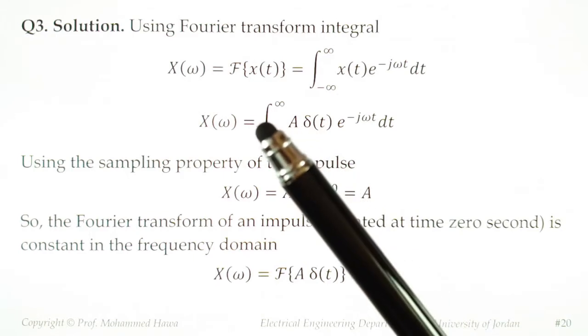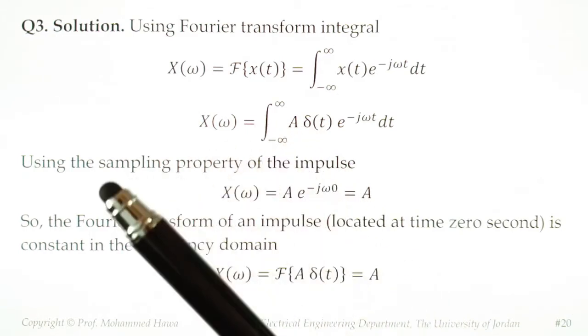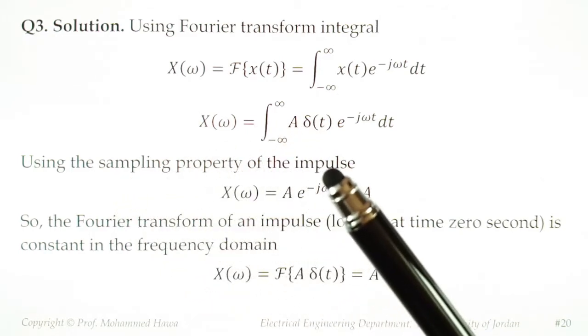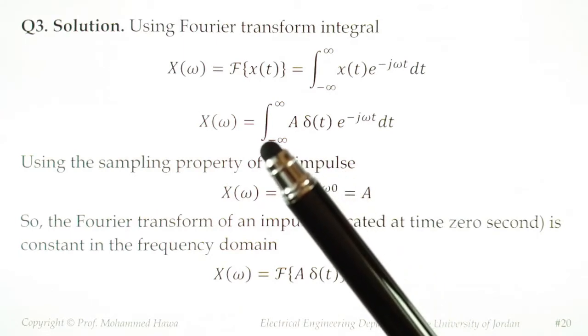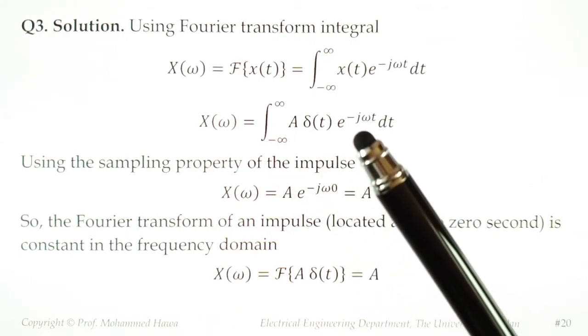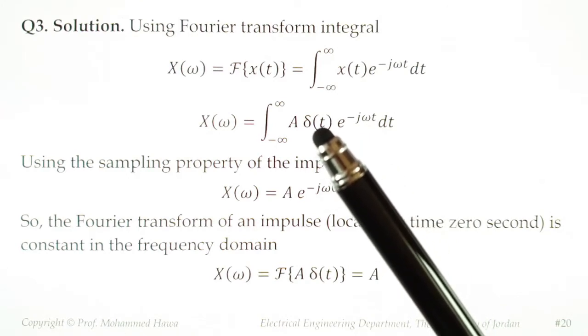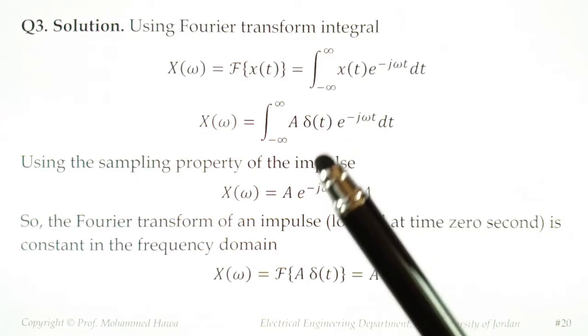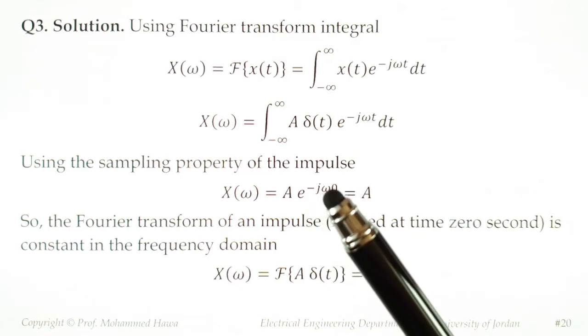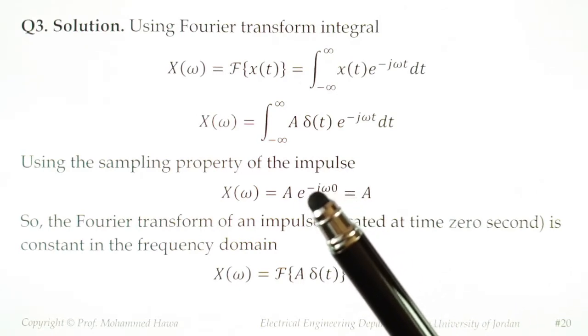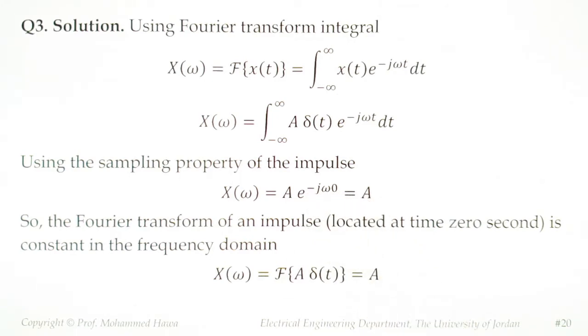We can take a, the constant, outside and then use the sampling property of the impulse, which says that the integral of an impulse multiplied by a function gives you the value of this function at the location of the impulse, which is t equals 0. So I'm going to get e to the minus j omega t here, substitute 0, which is e to the power 0, that's 1, and the value is a.